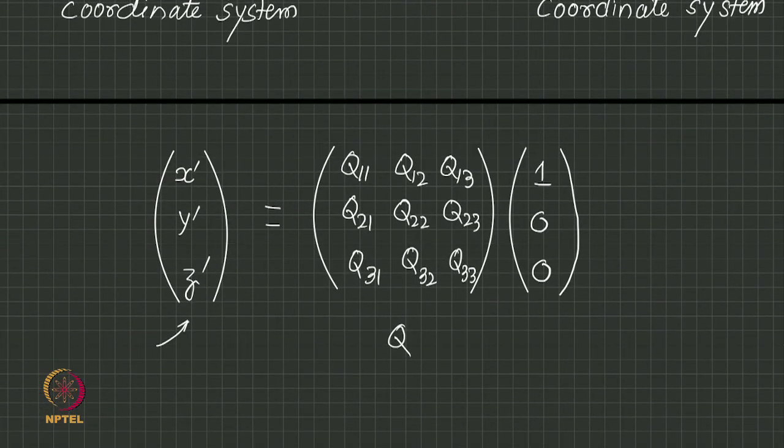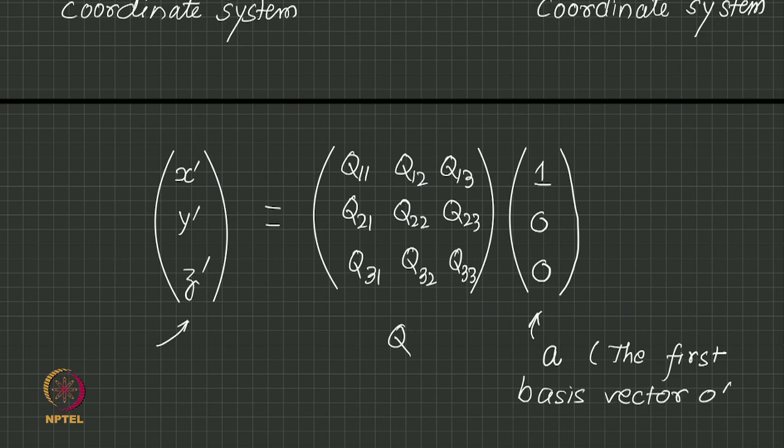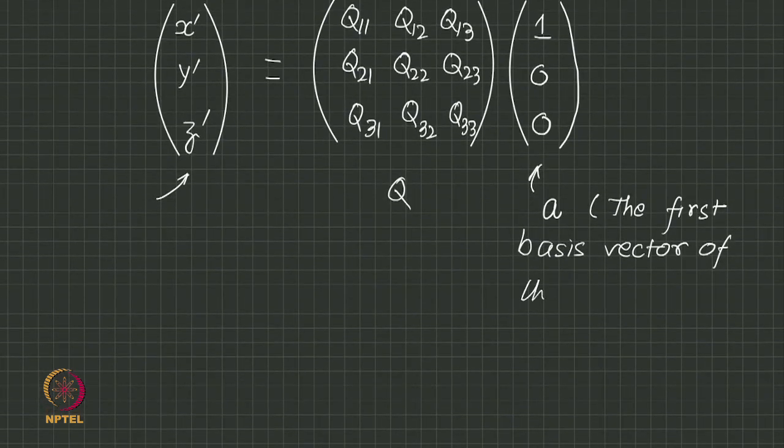This is nothing but A, because remember this is the coordinates of a given vector in the old coordinate system. So, 1 0 0 in the old coordinate system is the first old vector, which is A. So, this represents A, that is the first basis vector of the old system.